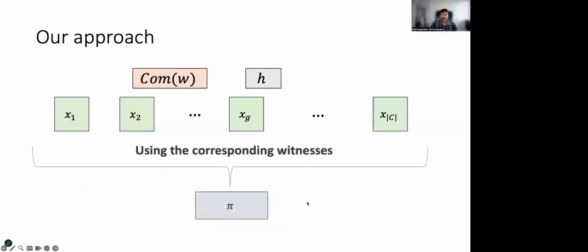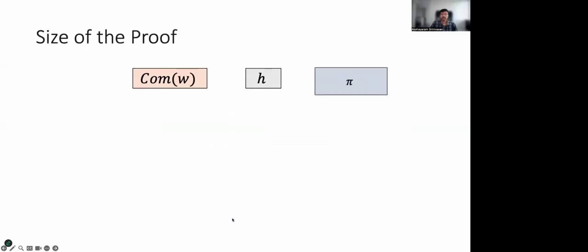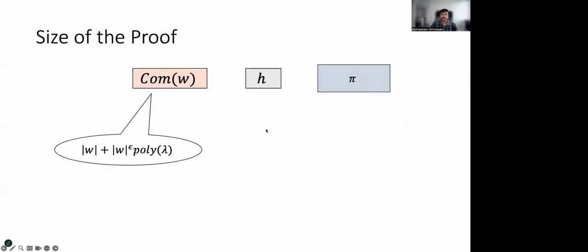So we now take in all these witnesses and compress them using a batch argument to obtain this proof pi. And the proof that is sent by the prover consists of the commitment to the witness, the digest H, and the batch argument pi. So let's verify the size of the proof in our construction. We make sure that the special commitment to the witness has size witness plus witness to the epsilon times poly in lambda.